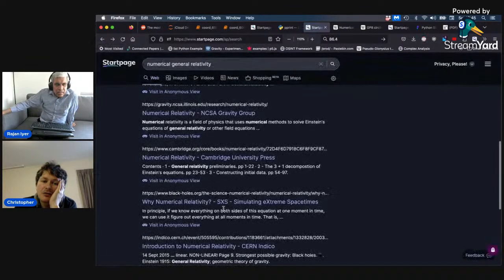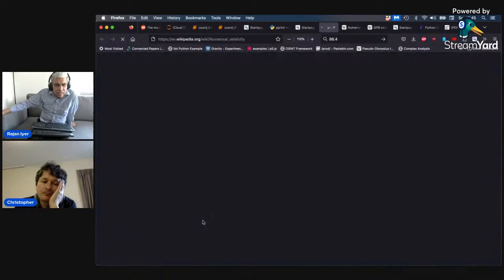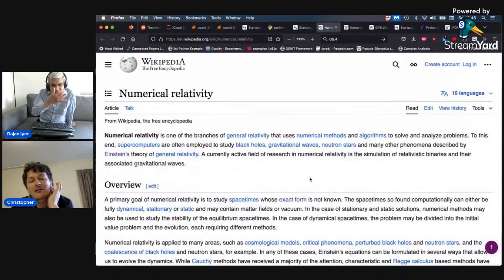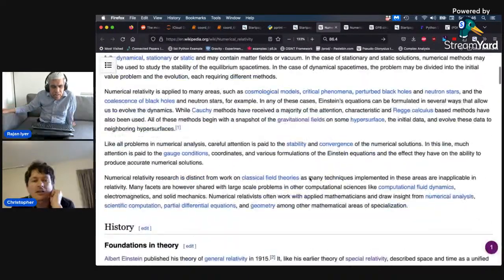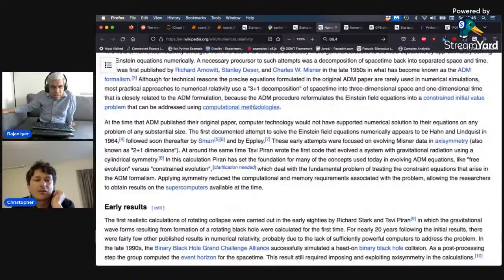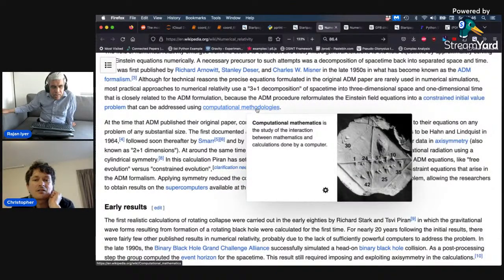I'm not seeing any of what I was talking about, using a computer to, let's say, graphically simulate. It says computational something. Go down a little bit. I'm not seeing any, they don't have any. They have computational methodologies.